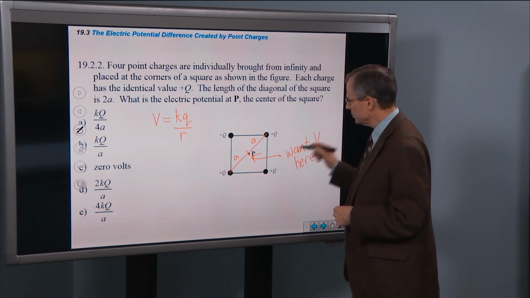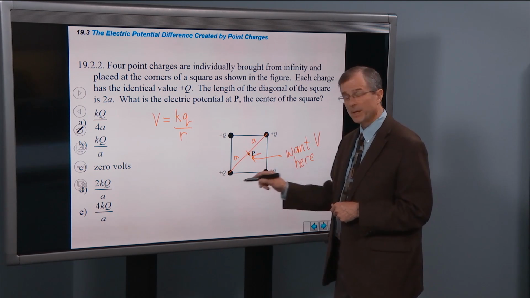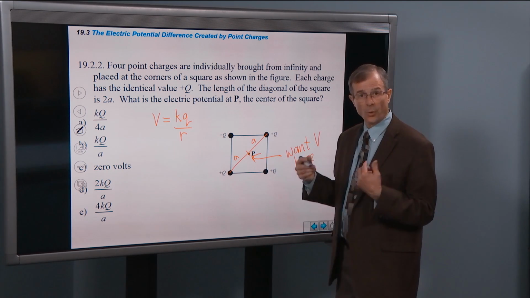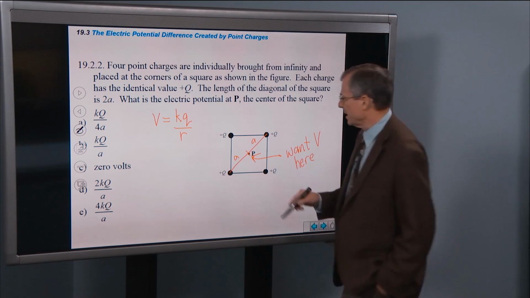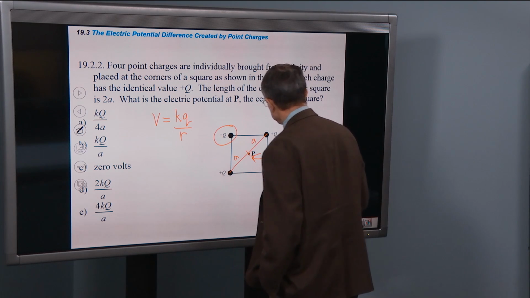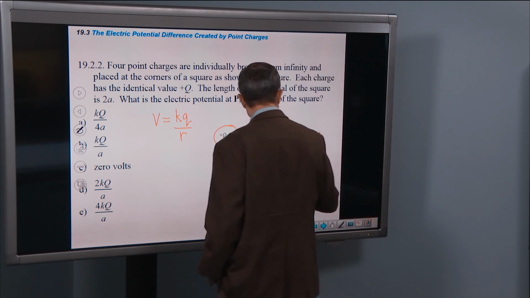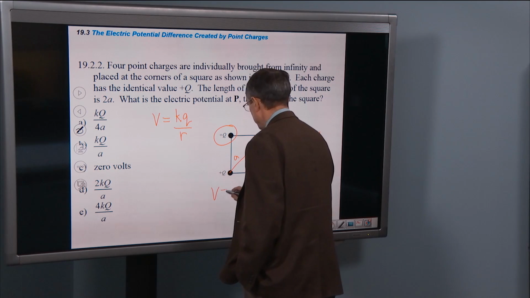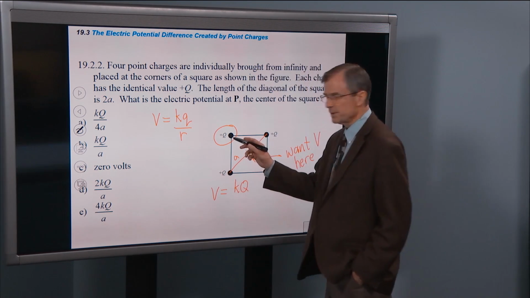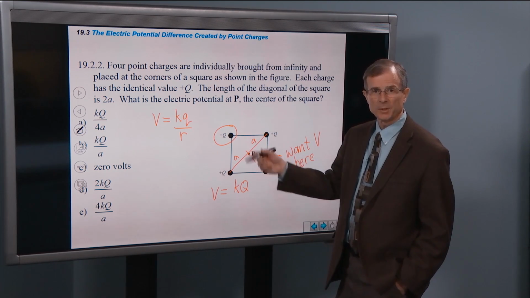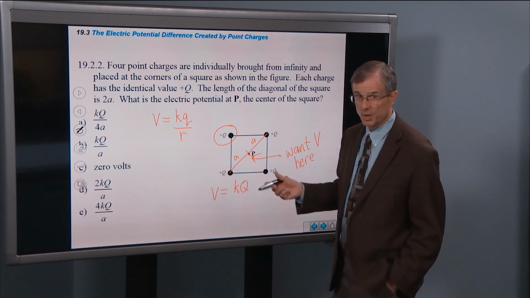But the electric potential at this point here is going to be affected by the four different charges. So let's do them one at a time. Let's do this guy. The potential here is K. The charge itself is denoted by capital Q instead of lowercase q. Still means charge, no problem.